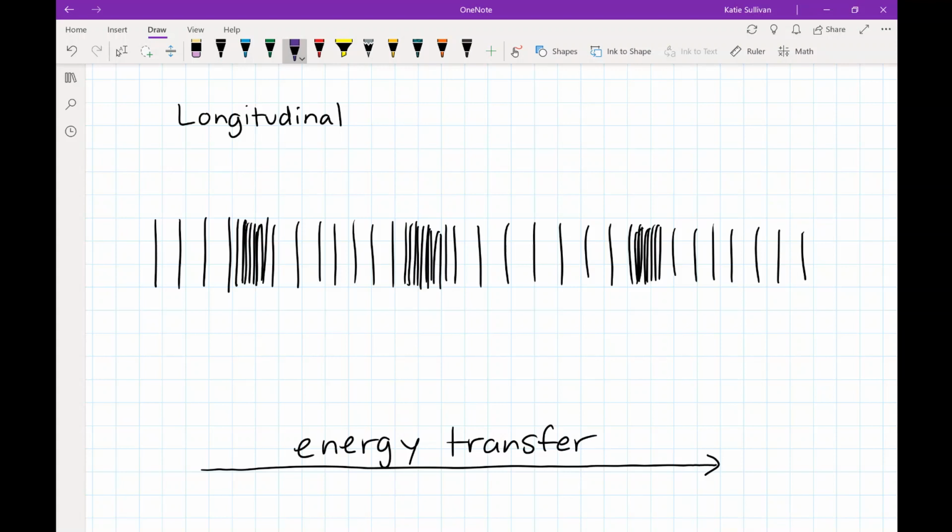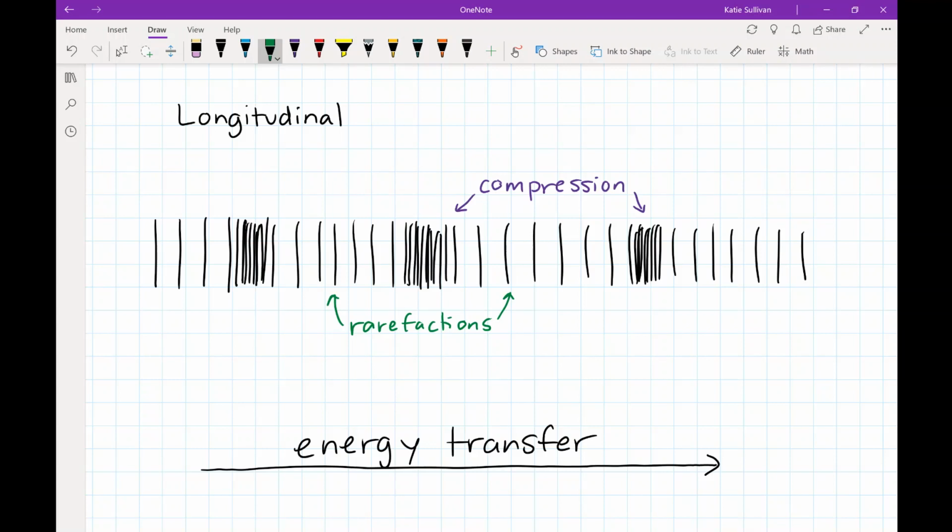Those parts that are bunched together, we call those compressions. Those would be like the analog to the crest on a transverse wave. We have parts at the bottom. I'm going to call those rarefactions. Sometimes you'll see websites or different sources call them expansions, and that's not wrong.